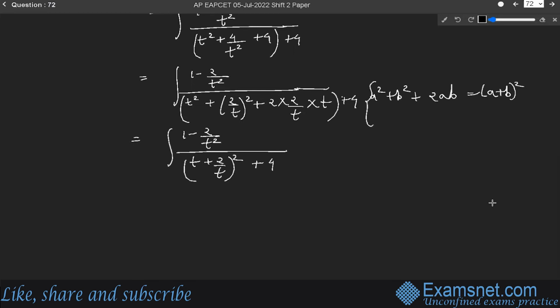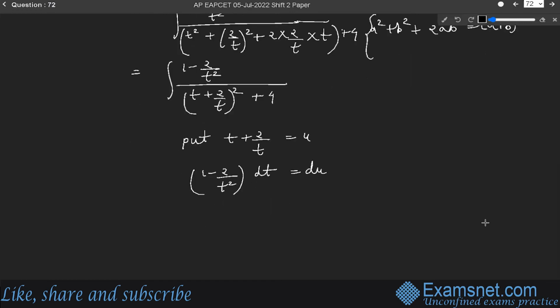So now putting t plus 2 upon t equal to u, 1 minus 2 upon t square into dt is equal to du. Therefore, again replacing the values in the expression, it will be the integral of du upon u square plus 4, which can be written as 2 square.